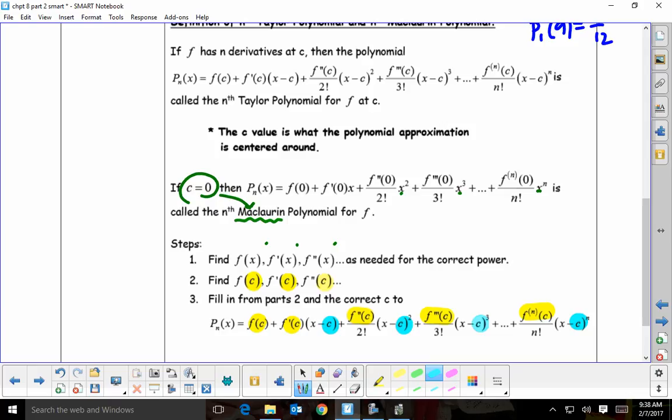One more term: the 4th derivative of C times x minus C to the 4th over 4 factorial.